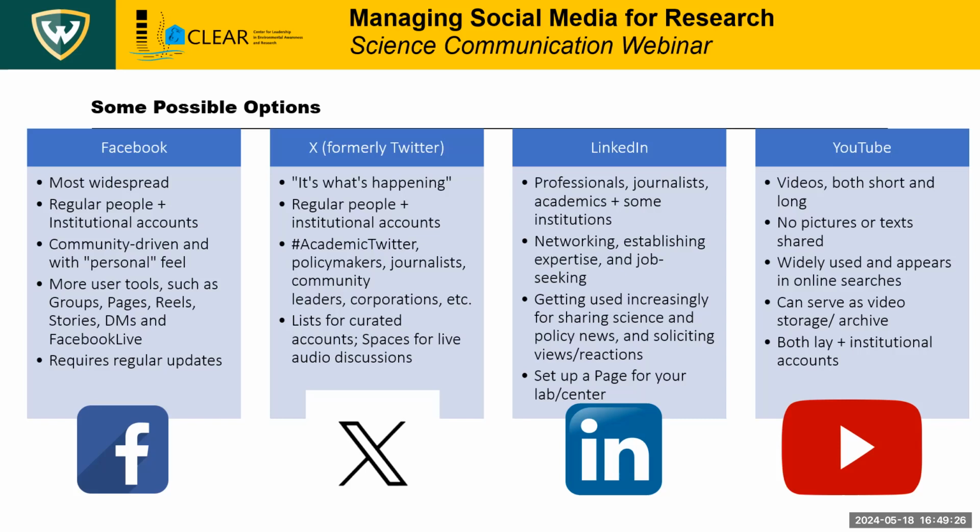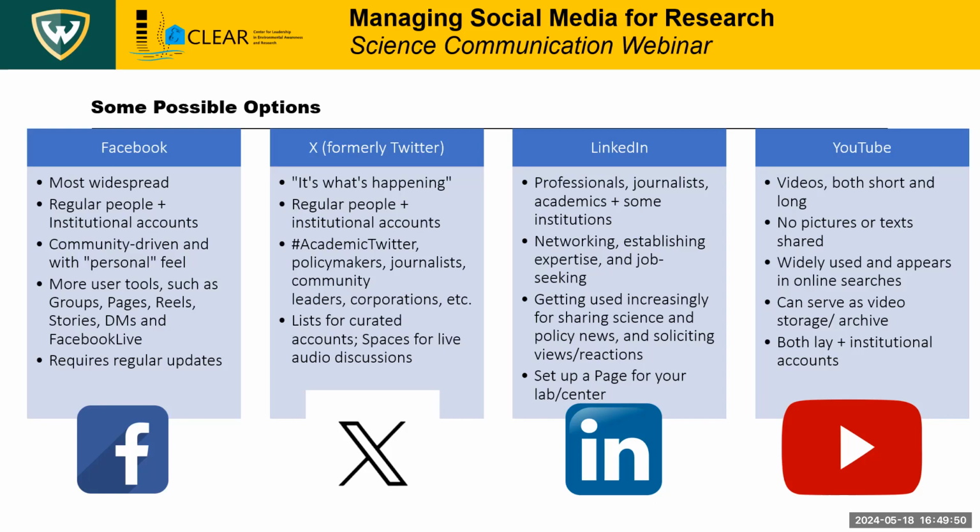It is community-driven with a personal feel. It offers several tools that can help you share your research widely, such as groups, pages, reels, stories, DMs, and Facebook Live. However, to remain relevant, you will need to provide regular updates.